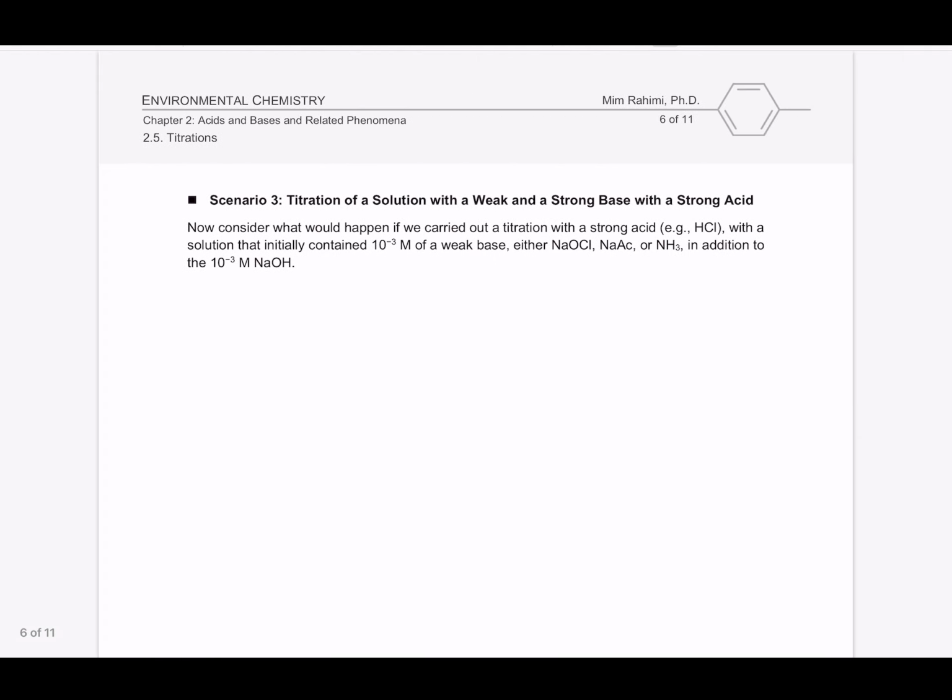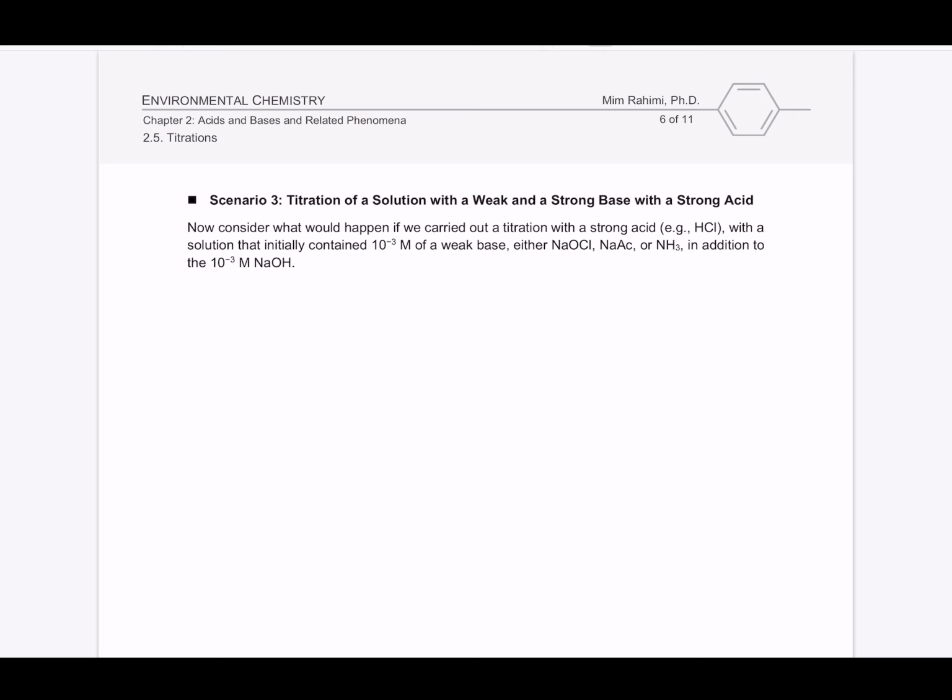So the third one is the combination of the first two. You have sodium hydroxide in your beaker. You also have some weak acid. And now you want to see what the profile is. We don't want to do quantitative analysis on this one, but we could. It's easier to go qualitative.